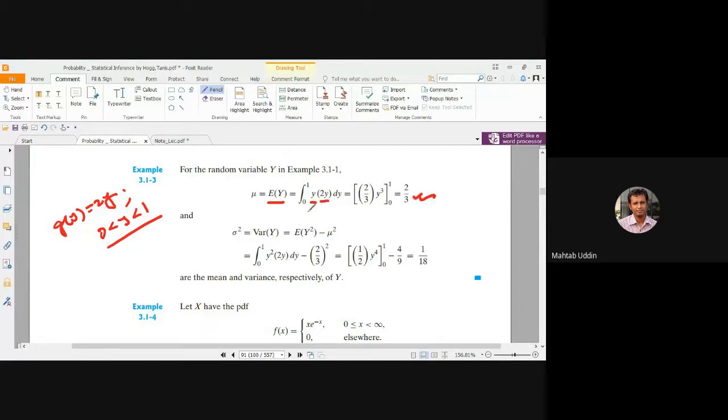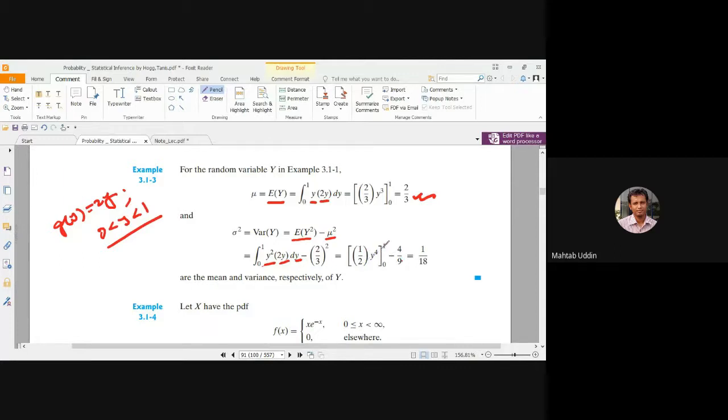Then variance. We know variance is E(Y square) minus E(Y) whole square. They have written it directly. So what is E(Y square)? Integral of y square times f(y) dy, where f(y) is the PDF. So 2y cube, after integration 2 y to the power 4 by 4, so half y to the power 4.